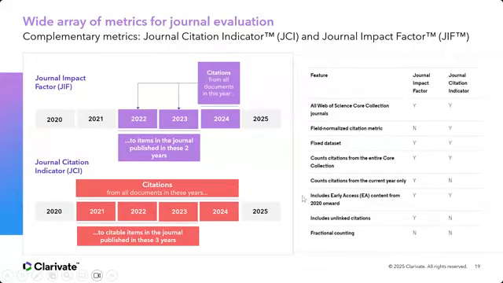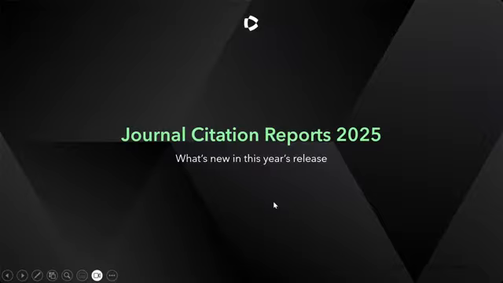One thing I also wanted to highlight is some of the recent changes in journal citation reports over the last two years. Three or four years ago, journal citation reports only had journal impact factors for the Science Citation Index Expanded journals and Social Science Citation Index journals. We felt that wasn't inclusive enough, so we have introduced the journal impact factor to all four journal indexes, which means SCIE, SSCI, AHCI, and ESCI journals all have a journal impact factor now.